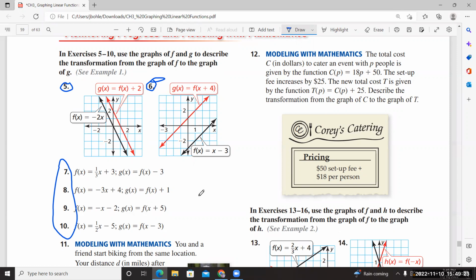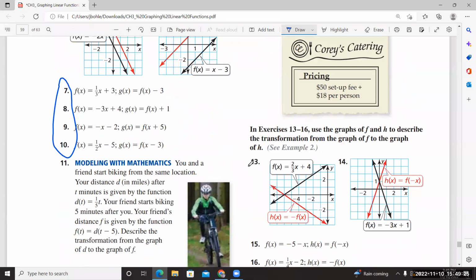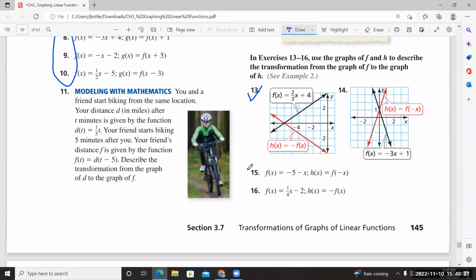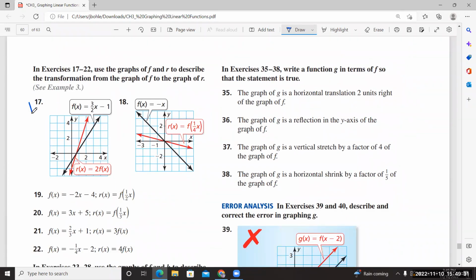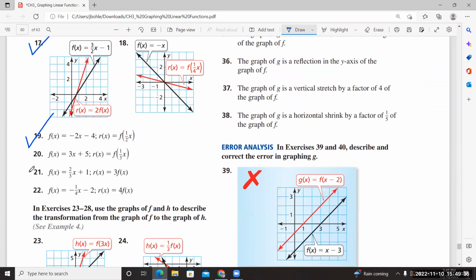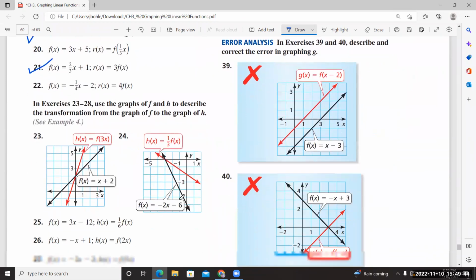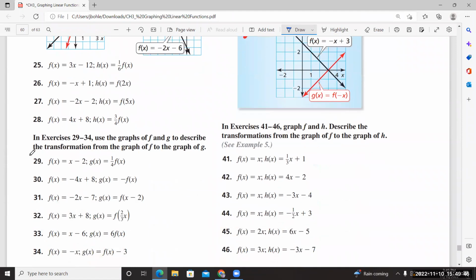Also 13 through 22 odd: 13, 15, 17, 19, 21. And then 29 through 34, all of them. That is all of these down here.